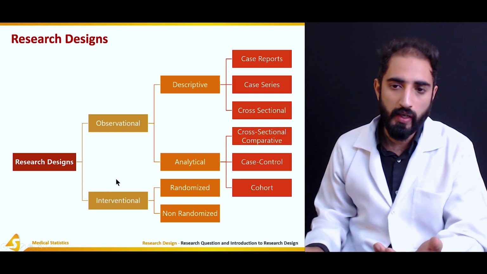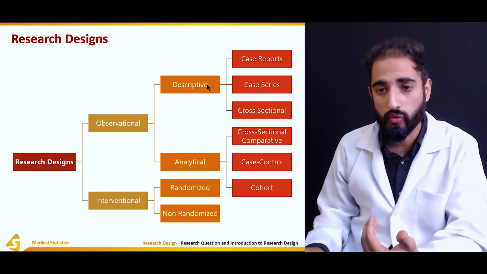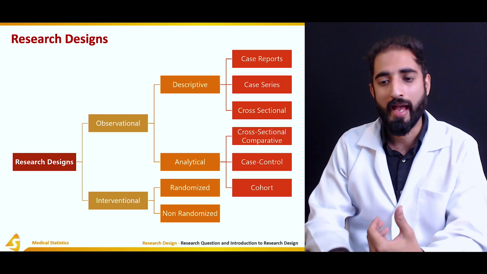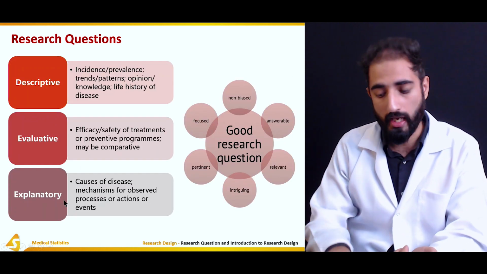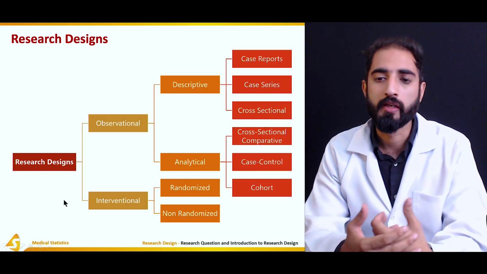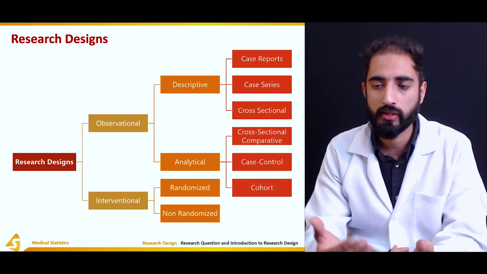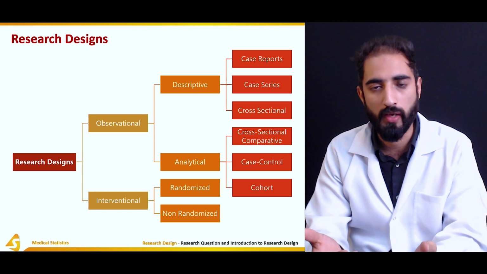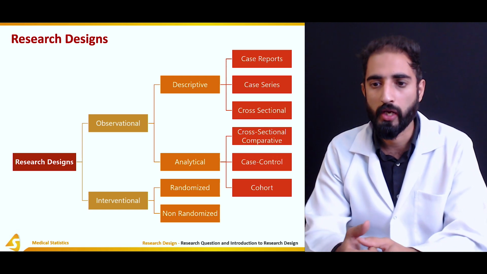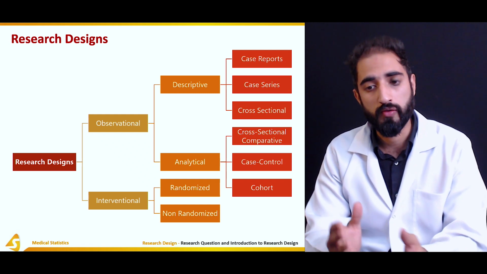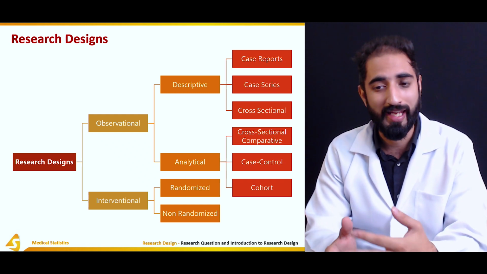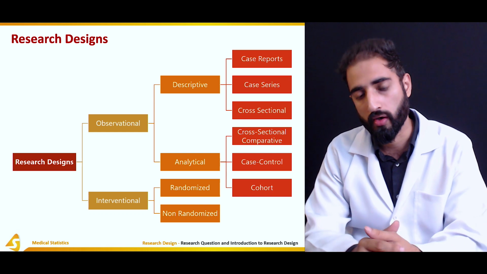Descriptive study designs are used to answer descriptive questions, and analytical study designs are used to answer explanatory questions, as we talked about. In descriptive studies, we have case reports based on single patients, case series based on series of unique patients, and cross-sectional surveys. On the other hand, analytical studies comprise cross-sectional comparative studies, case control studies, and cohort studies.